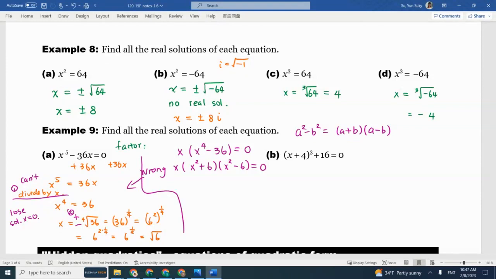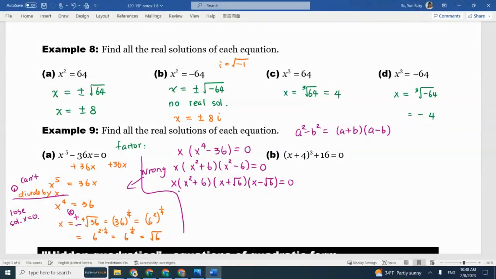x squared plus 6, can you factor this one? You can do it. You recognize 6 is like the square root of 6 squared. Yes, everybody? Therefore, we get x plus square root of 6 and x minus square root of 6.